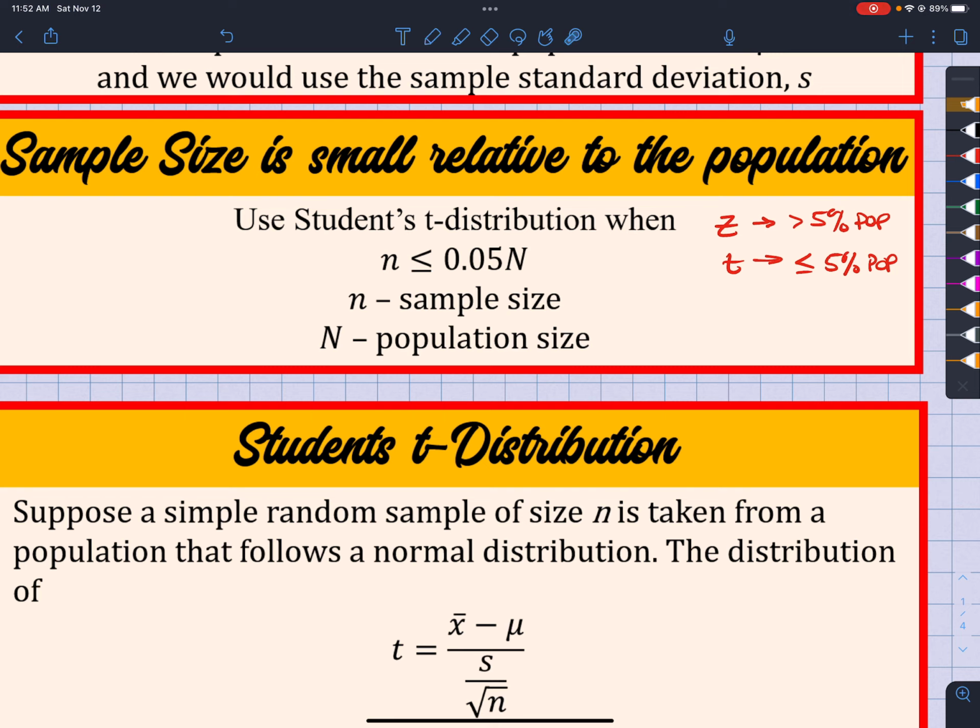All right, so again, if we're using less than 5%, then we're going to use the t distribution. If it's more than 5%, then we're using the z. Okay, so that's what you need to know there.